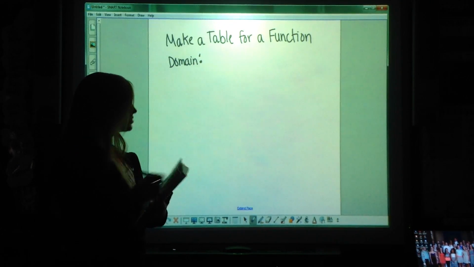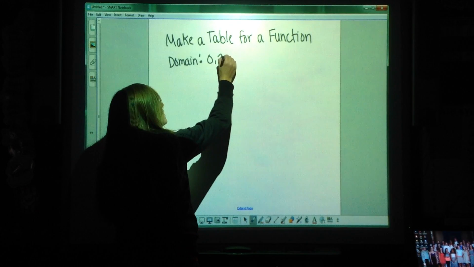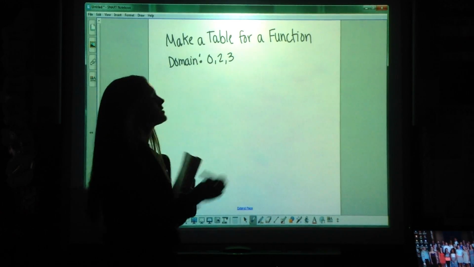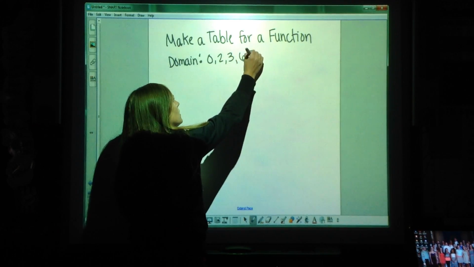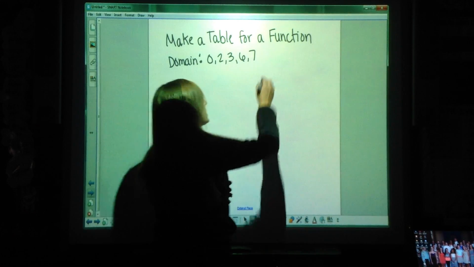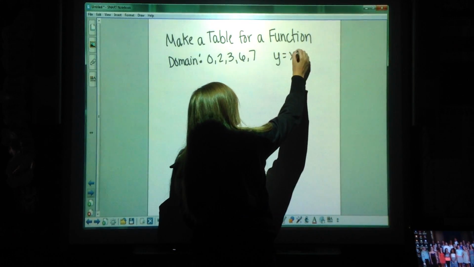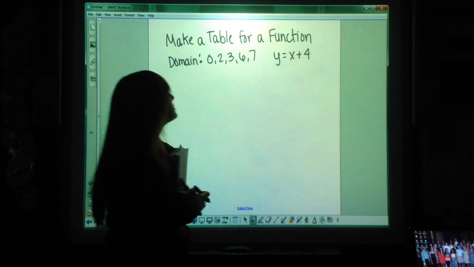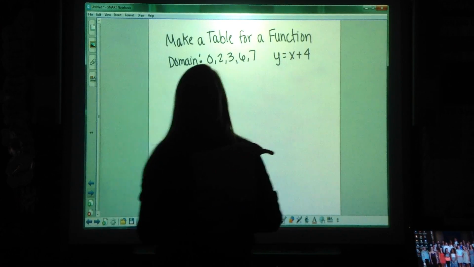This domain is 0, 2, 3, 6, and 7. And the function is y equals x plus 4. They want you to make a table to find the range, the output.